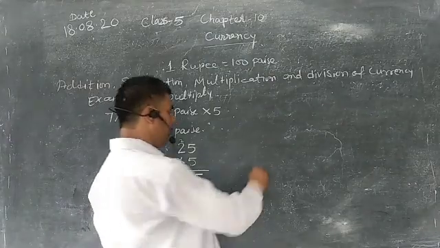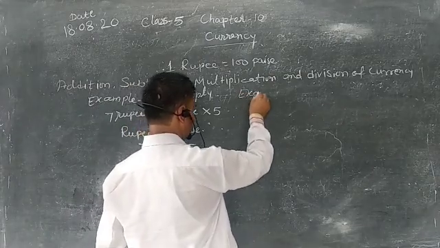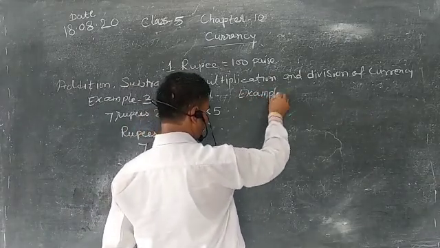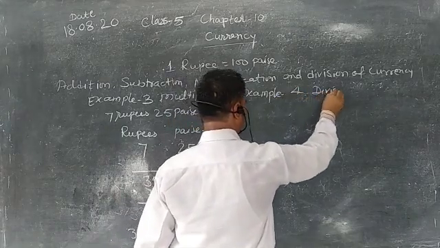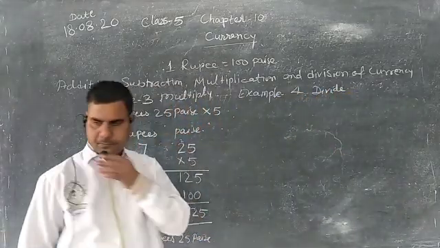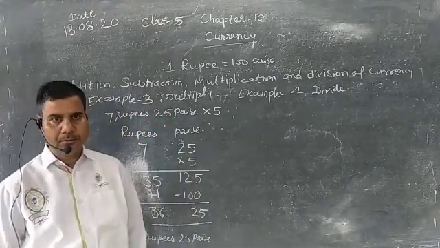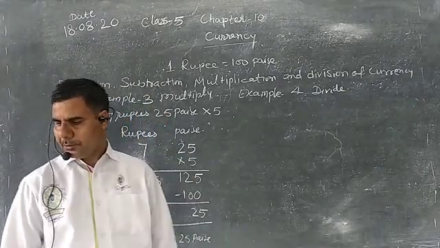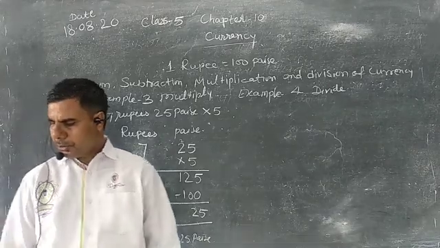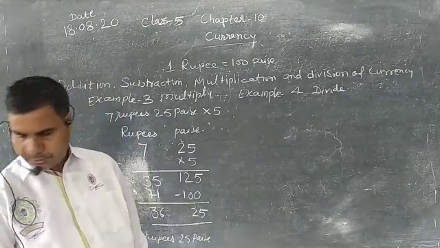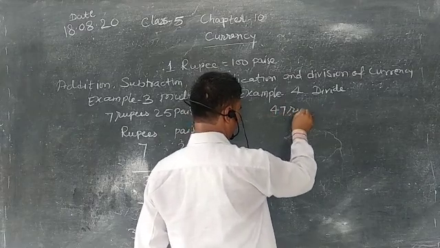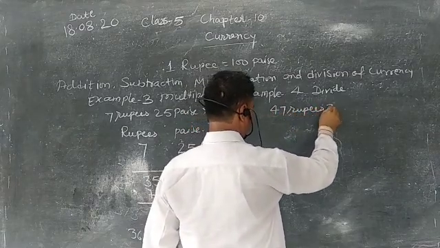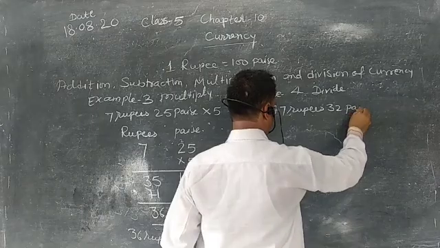Now our example 4. Divide. Yes, we want to divide 47 rupees 32 paise. 47 rupees, 32 paise.